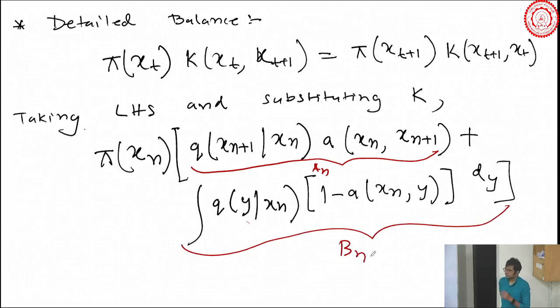Which term should I start with? Which do you think is the easier one, an or bn? Wrong, bn. So let's start with the second term.